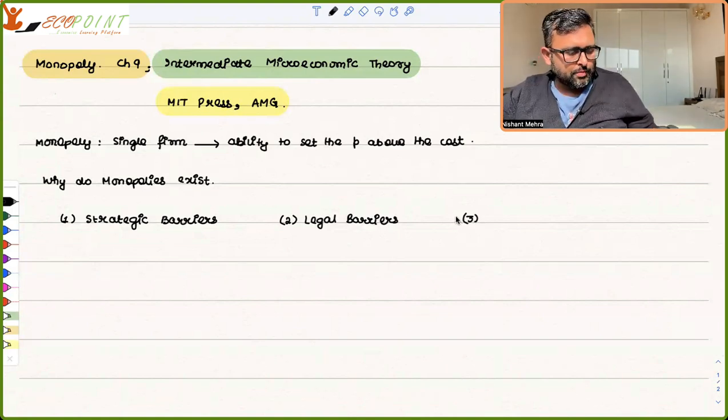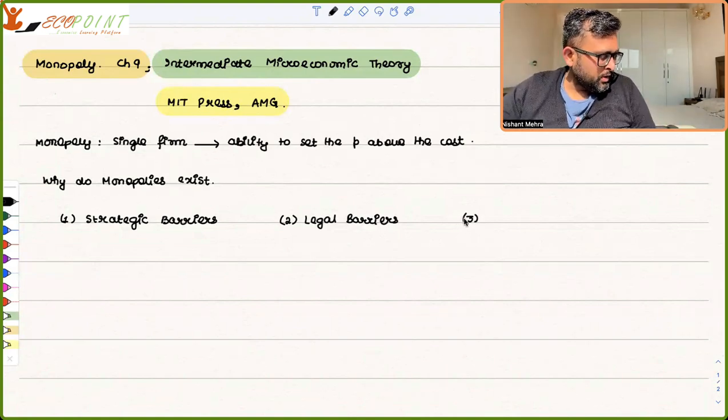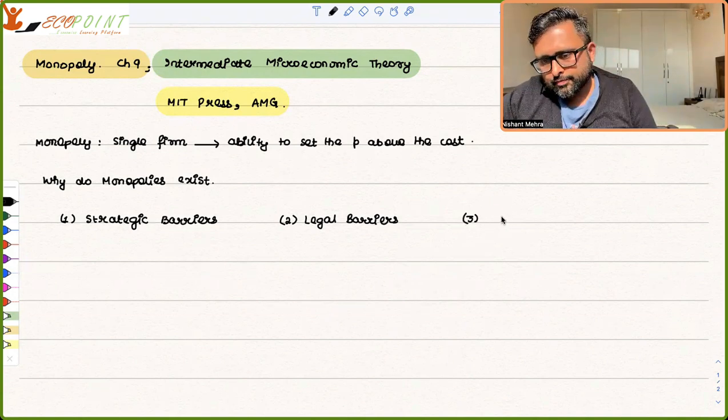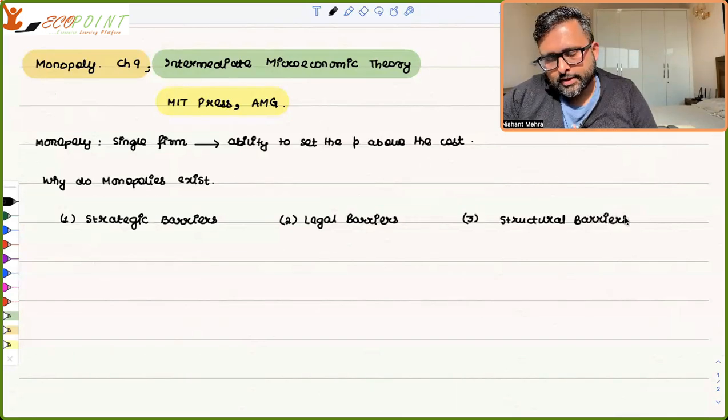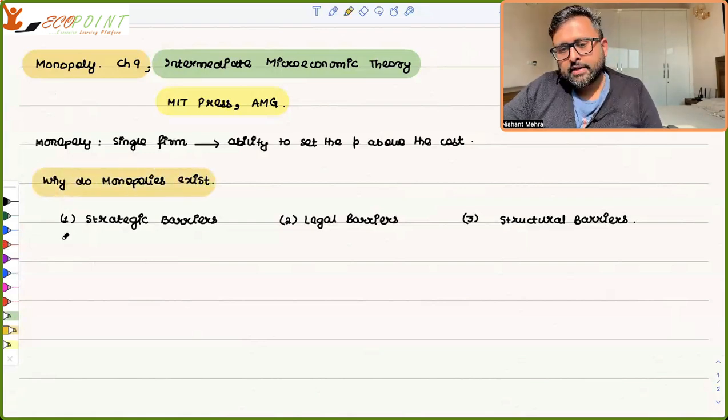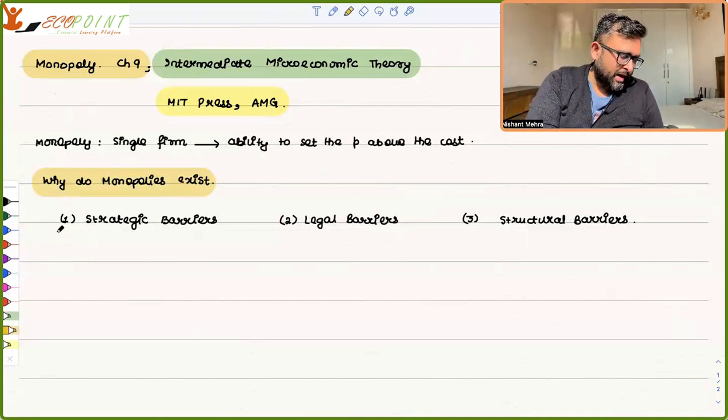And the other reason could be structural barriers. सो इन तीन कारणों की वजह से मोनोपोलीज एग्जिस्ट करती हैं. स्ट्रैटेजिक बैरियर्स की वजह से, लीगल बैरियर्स की वजह से, और स्ट्रक्चरल बैरियर्स की वजह से.